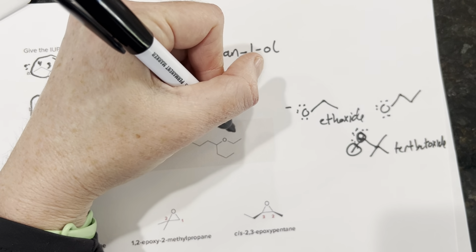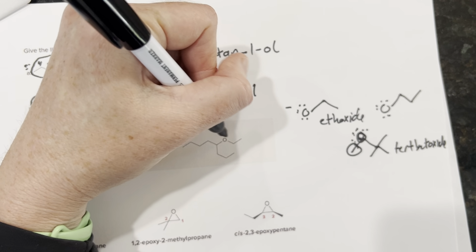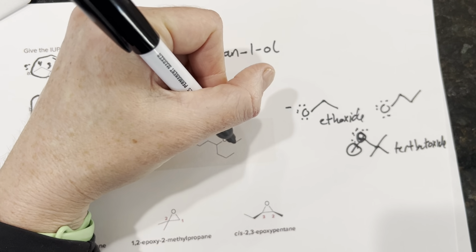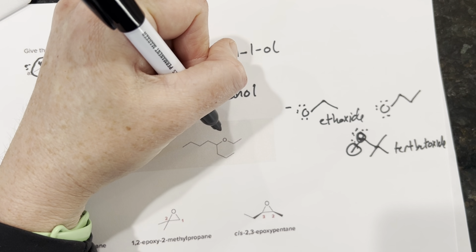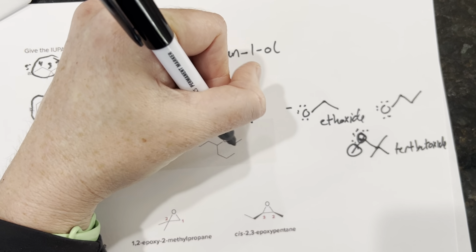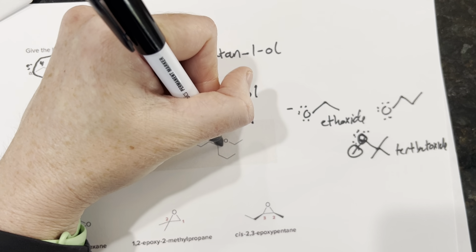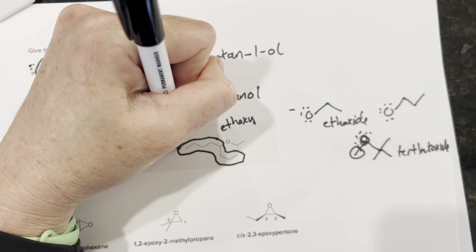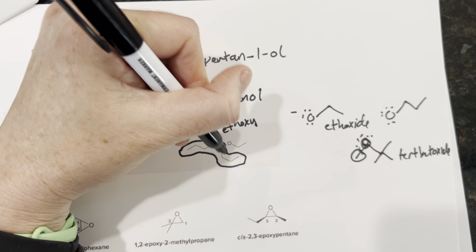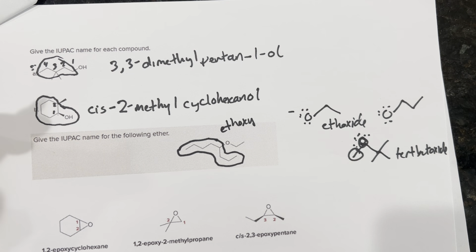So this whole thing right here would be an ethoxide if it were negatively charged, but we're just going to call it ethoxy. This group right here is called ethoxy. And then you just look at the group that it's bound to. That should have 1, 2, 3, 4, 5, 6, 7, 8 carbons on it, so that's an octane. And then the rest is the same as usual.